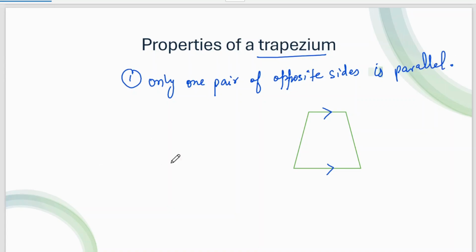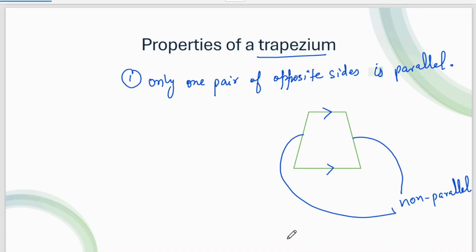Now what about the other sides? These two sides are non-parallel. So in a trapezium, one pair of opposite sides is parallel. Now if I name this trapezium as A, B, C, D, you can say that AB is parallel to DC.